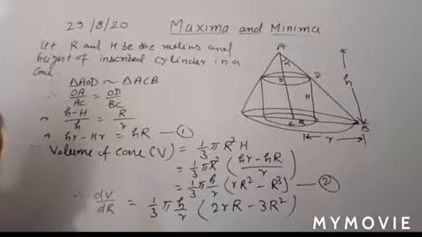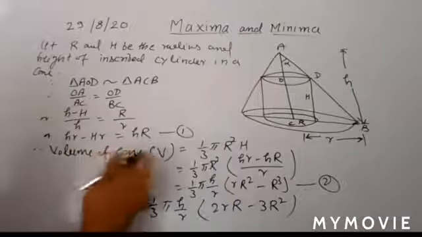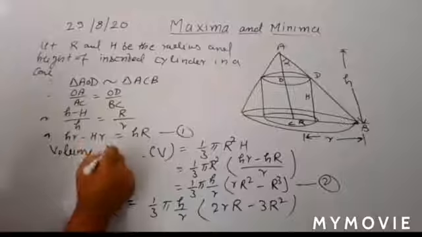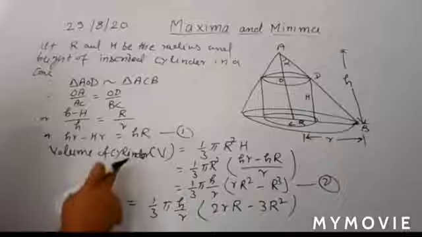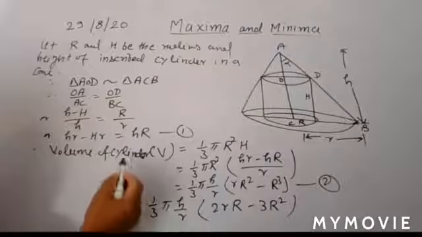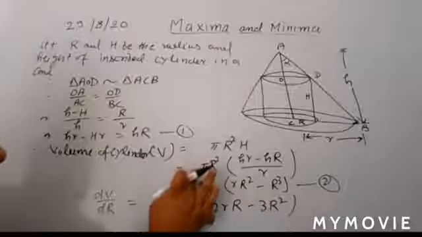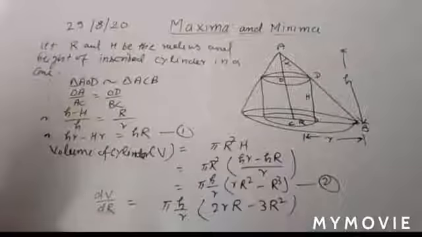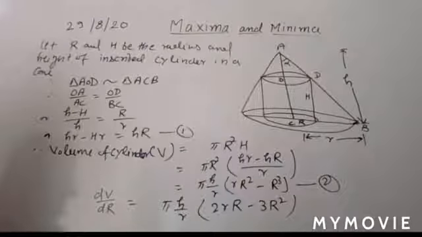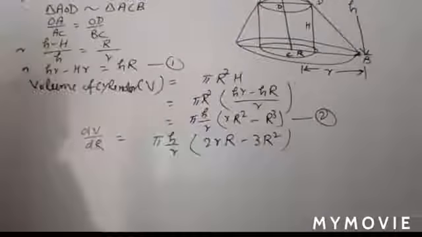Here you have to maximize the volume of the cylinder, not cone. Sorry. So correct it, write cylinder here, and this 1 upon 3 is not there; cancel it. Now it is correct? Yes, sir.